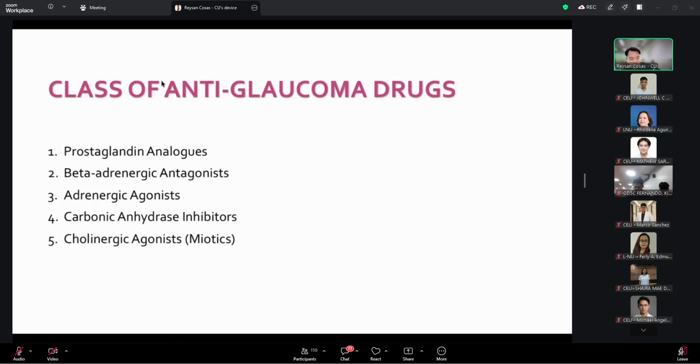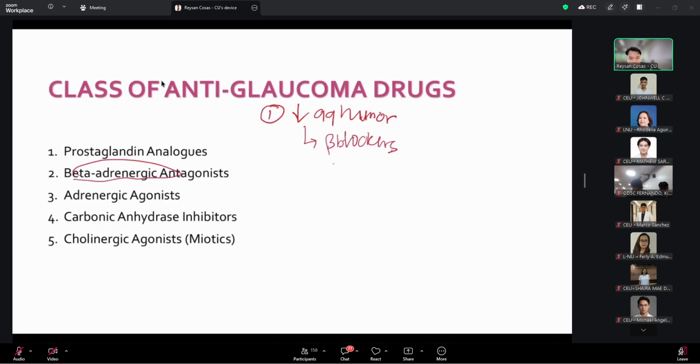Number one is those that can decrease the production of aqueous humor. So sino po ba yung mga gamot that could reduce the aqueous humor? Number one would be the beta blockers. So sila yun, or the beta adrenergic antagonists.